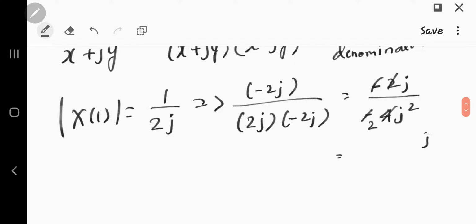So that gives us minus j by 2, or minus 1 by 2 into j.